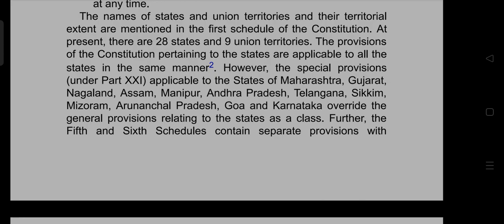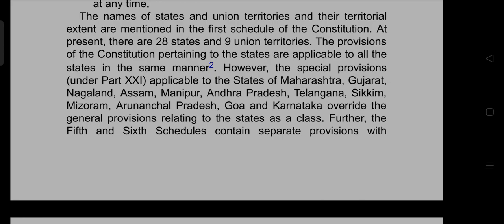However, the special provisions under Part 21 applicable to the states of Maharashtra, Gujarat, Nagaland, Assam, Manipur, Andhra Pradesh, Telangana, Sikkim, Mizoram, Arunachal Pradesh, Goa, and Karnataka override the general provisions related to the states as a class.